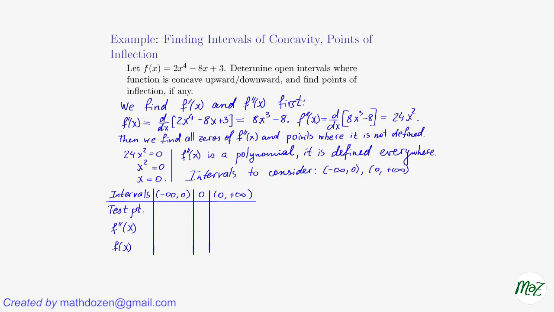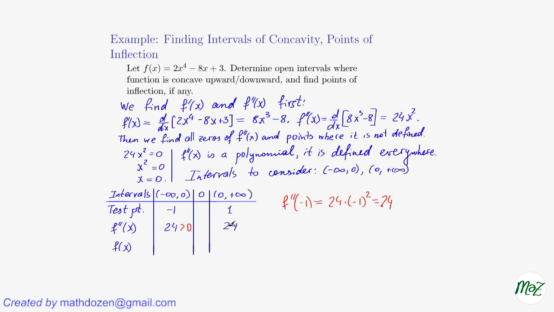After that we build this table with the intervals and the x equals 0 value. For the test points we can choose -1 for the left interval and +1 for the right interval. Then we put -1 into the second derivative: 24 times -1 squared, that's +24.